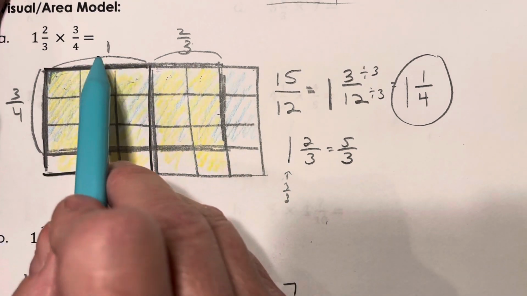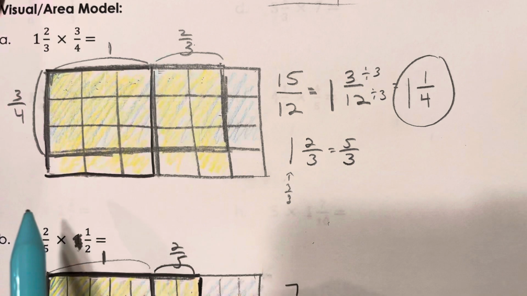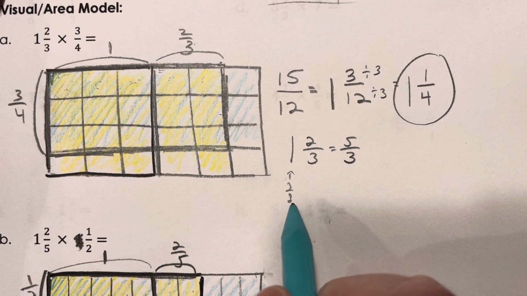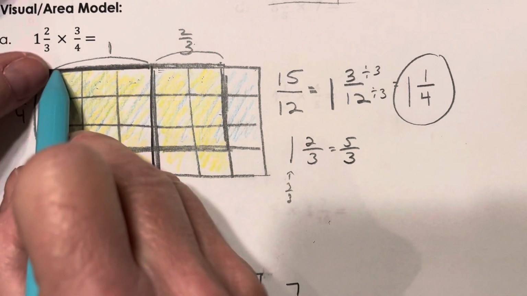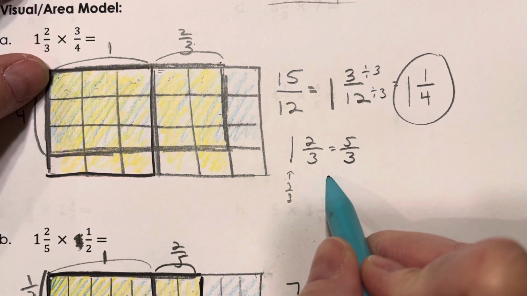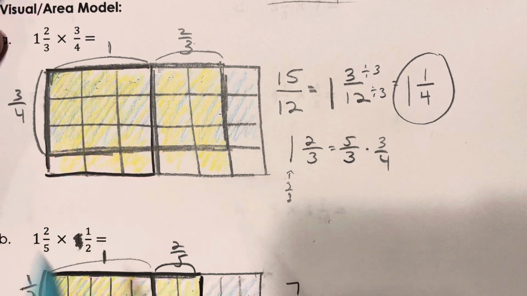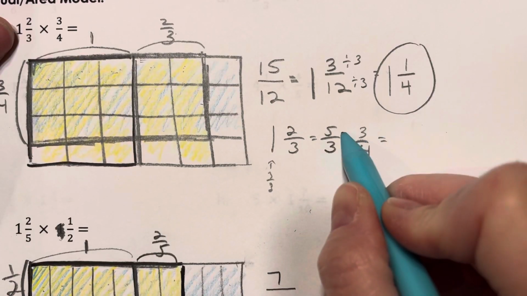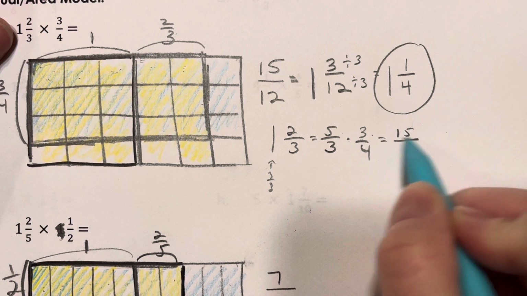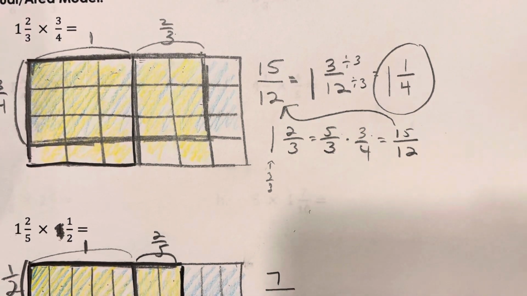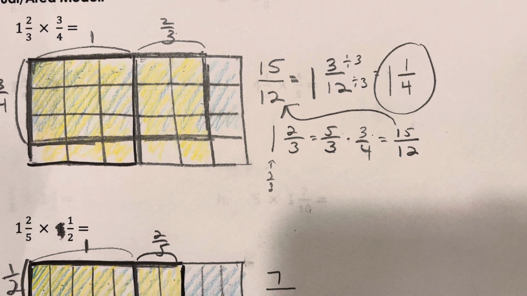So all we did was we took this mixed number and we changed it into an improper fraction, basically. And if we take our 5 thirds times the other side length 3/4, 5 times 3 is 15, 3 times 4 is 12, and we get the exact same thing.